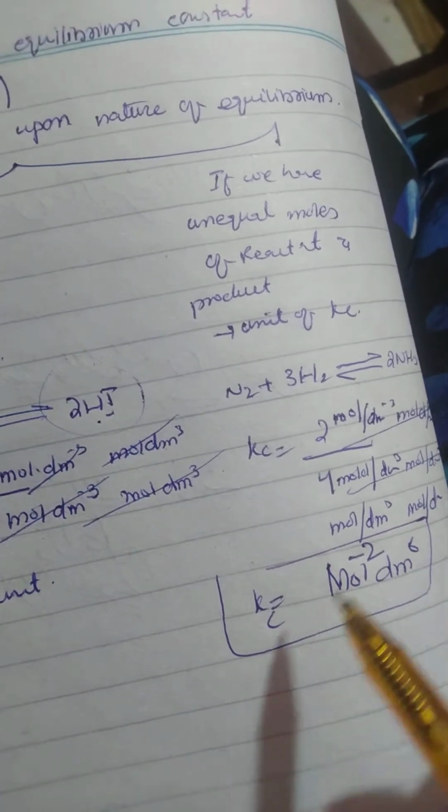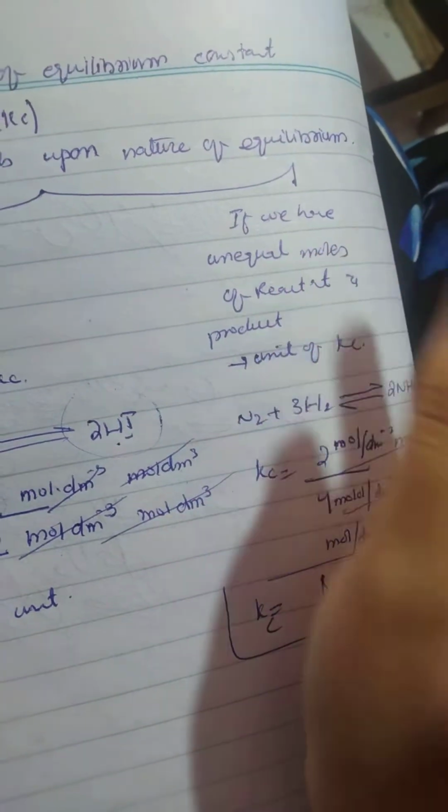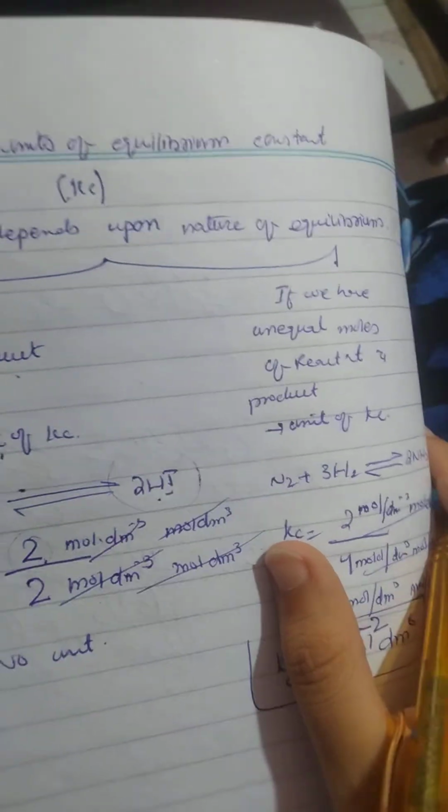So here we get a unit of Kc, because we have unequal moles of reactant and product. I hope this is clear.